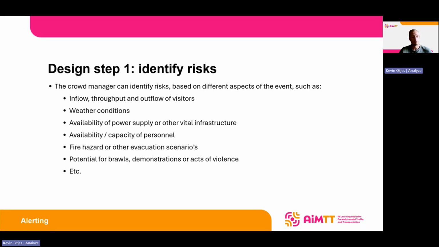And you can come up with multiple risks based on different aspects of an event, such as the flow of your visitors through an area, weather conditions that might become a risk, power supply, the availability of other vital infrastructure that you would want to monitor to make sure it's not disrupted. Think of, for example, on a music festival, your access to the power and the correct working of the stage and the speakers is vital to the experience.